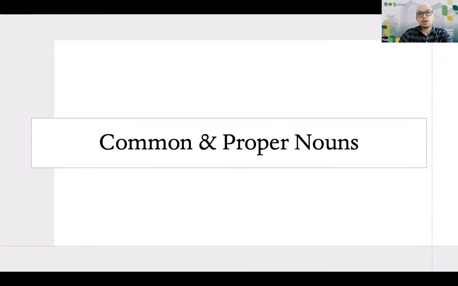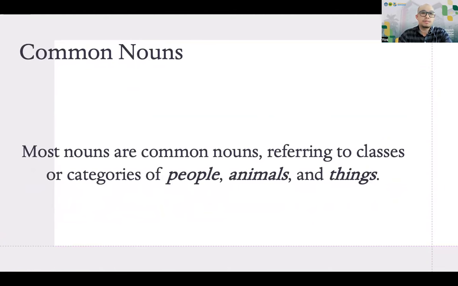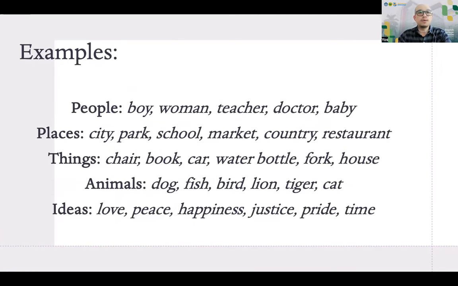Now we are going to talk about common and proper nouns. First, common nouns. Most nouns that we know are common nouns, referring to classes, categories of people, animals, and things. For example, people like boy, woman, teacher, doctor, baby.